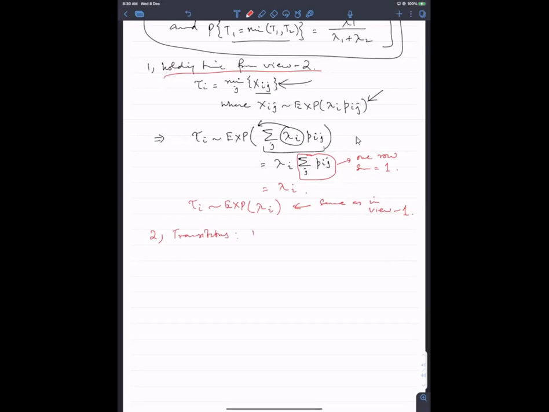So what is the probability that you transition from state I to state M?